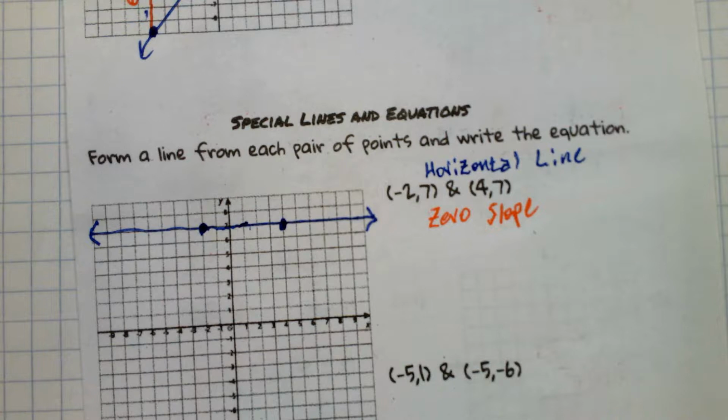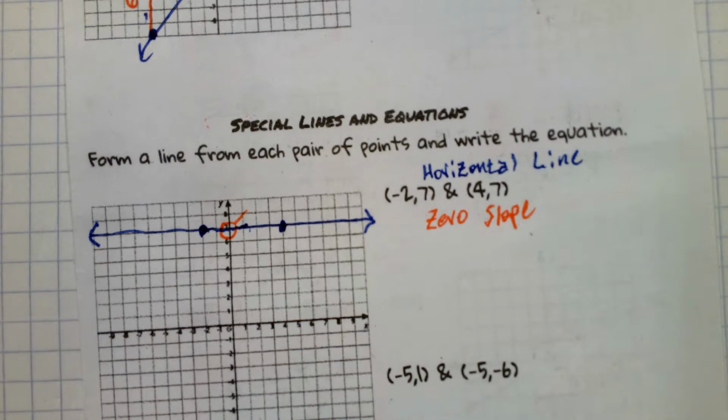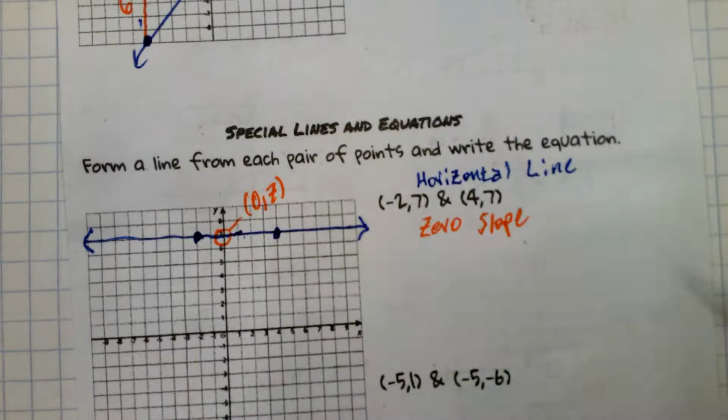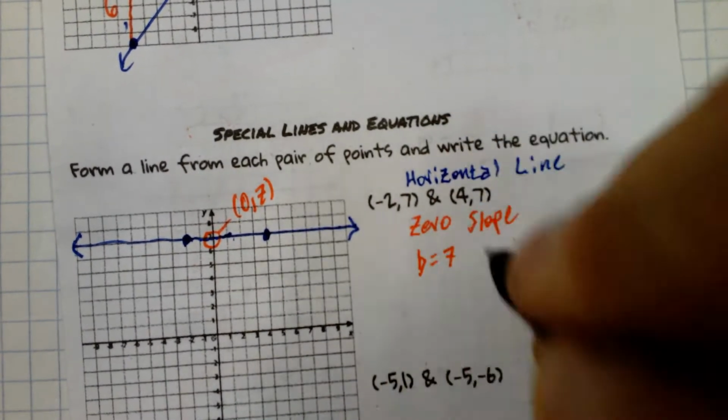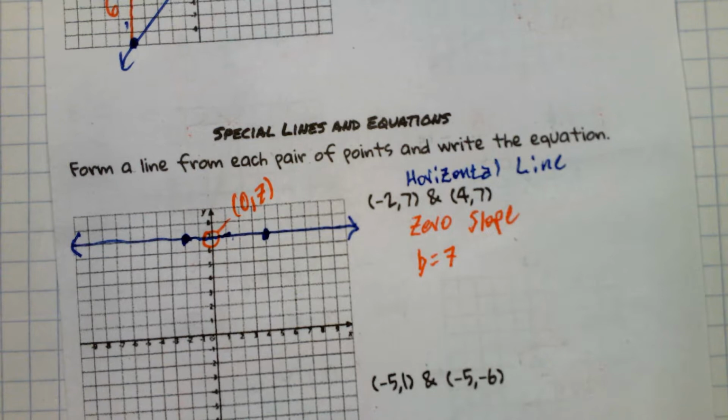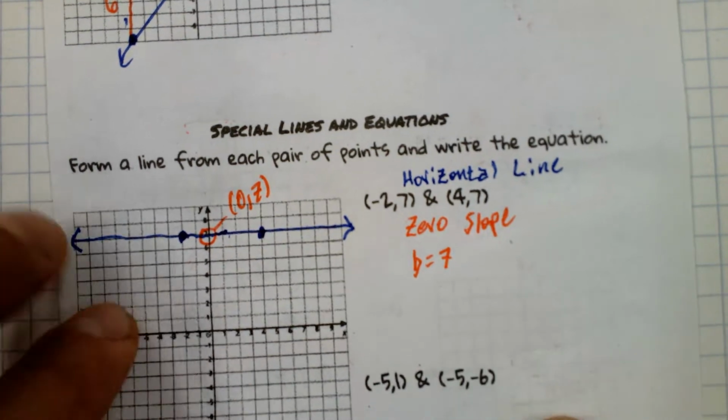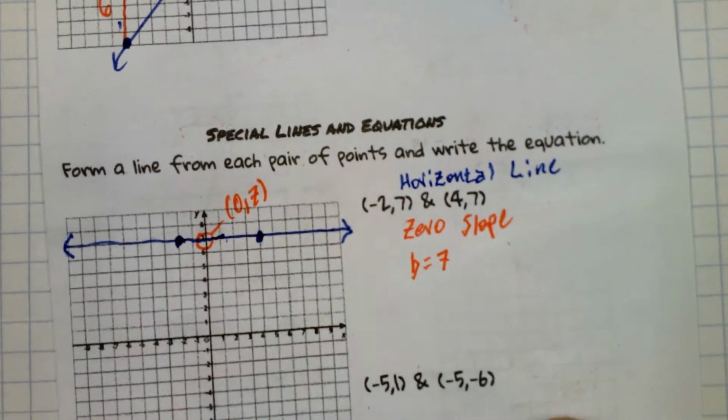Zero slope. So since the slope is 0 on any horizontal line, we're only going to look at the y-intercept. Where's it crossing the y-axis? 7. So the b value is 7. Okay? Well, what that means is the equation has no x part. It never crosses the x-axis.